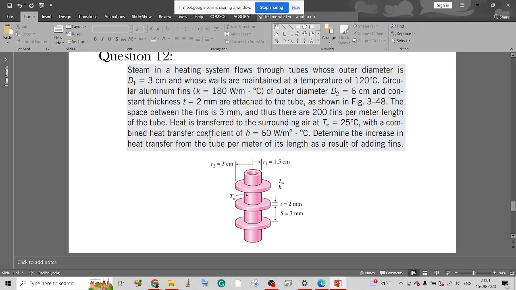Ma'am, like with fin divided by without fin. With fin, what is the value? How come it is less than 1?